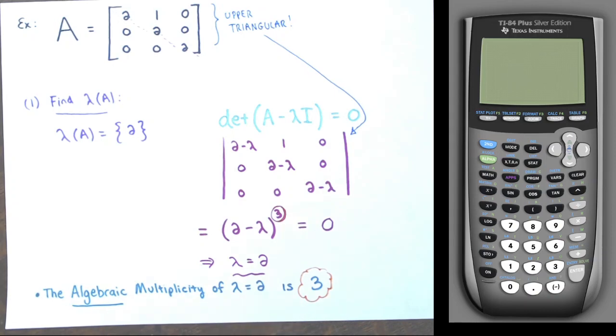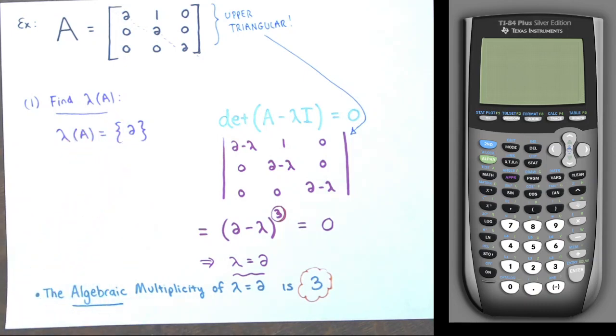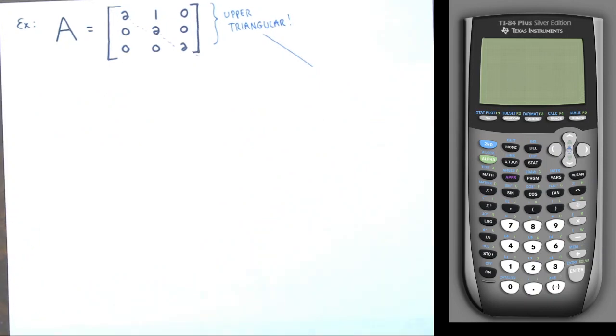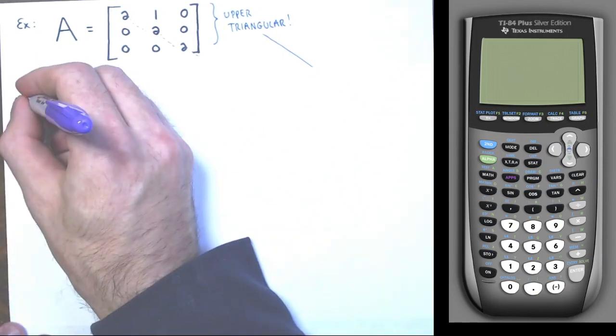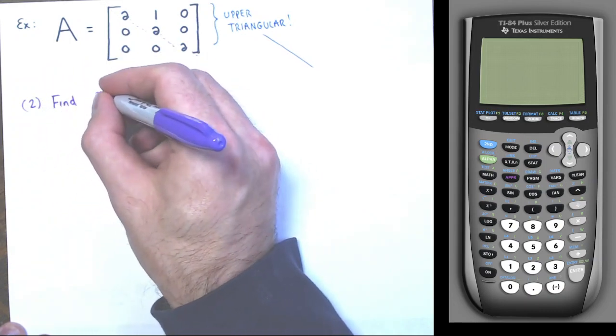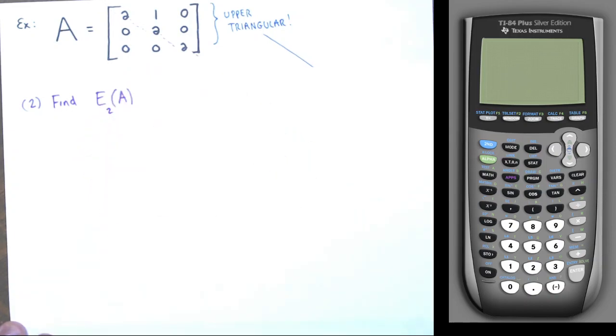Now let's find the eigenspace of A corresponding to this eigenvalue. I'm going to find that eigenspace of A corresponding to 2. The only eigenvalue was 2.